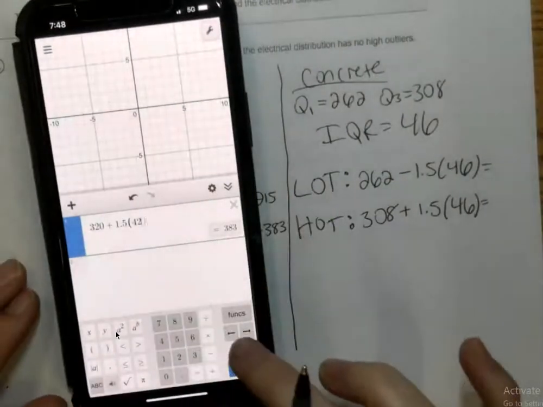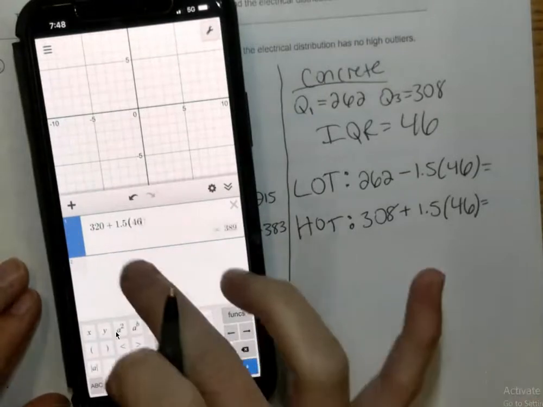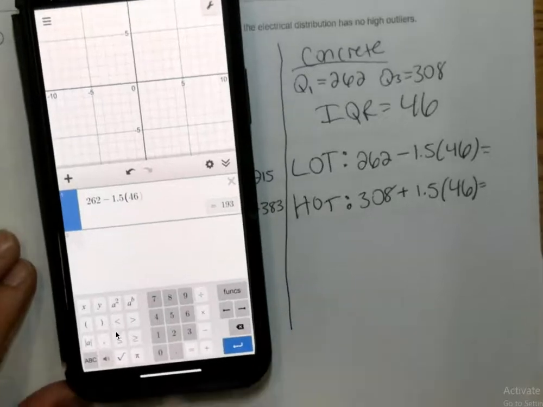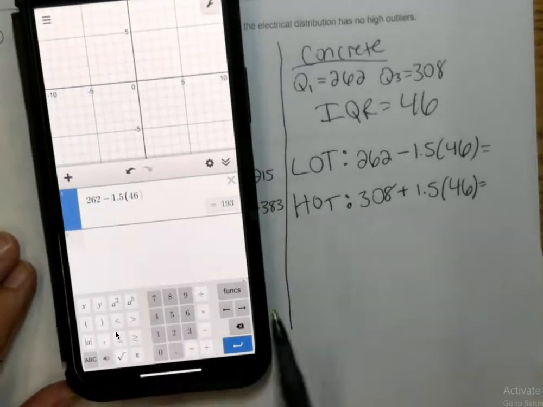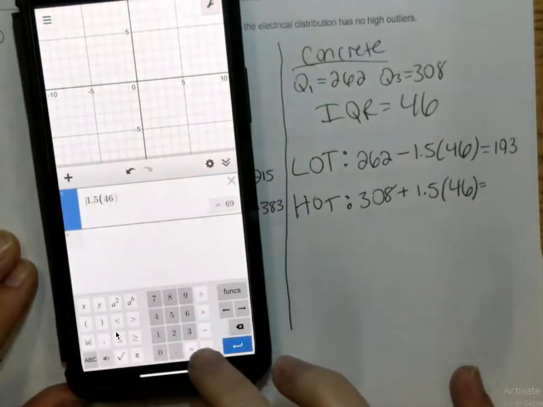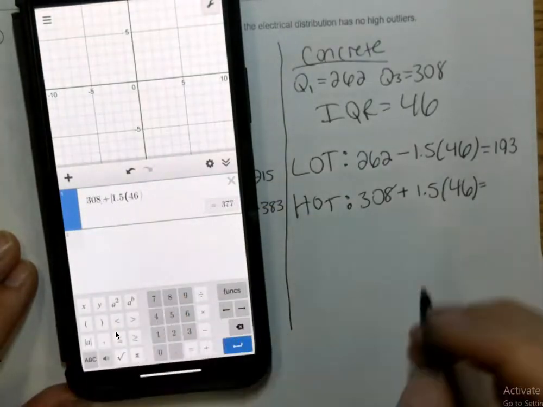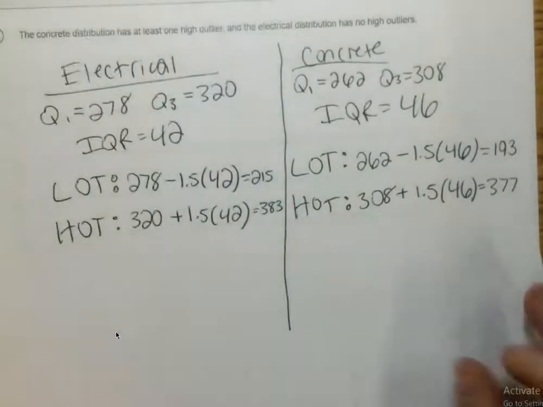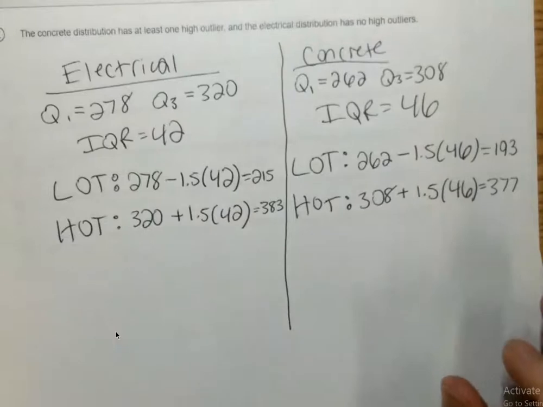We're going to plug these into Desmos. All right, so 262 minus 1.5 times 46, so 193 is my lot. 377 is my hot.